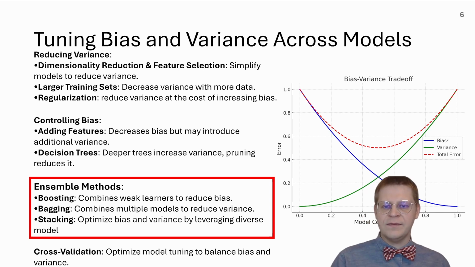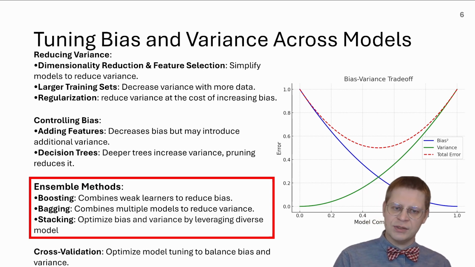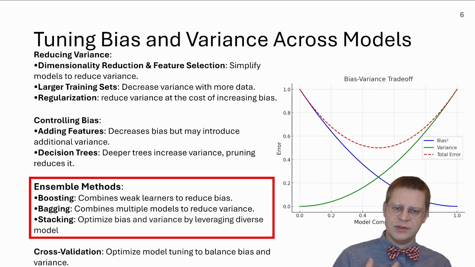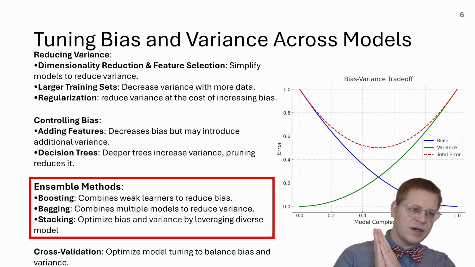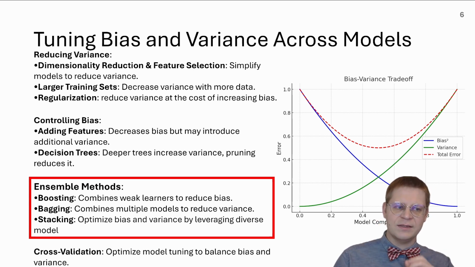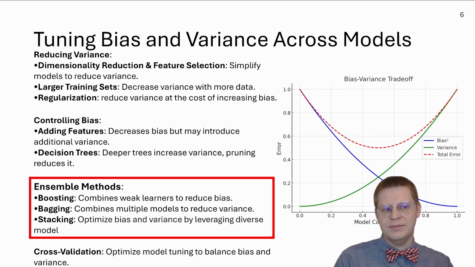Boosting iteratively focuses on bias reduction by combining weak learners, often resulting in a low-bias, high-accuracy model. Bagging aggregates models trained on resampled data to reduce variance without increasing bias. As you can see with this bias-variance trade-off, we need to find the best point of low bias and low variance at the same time. That would be the ideal model.